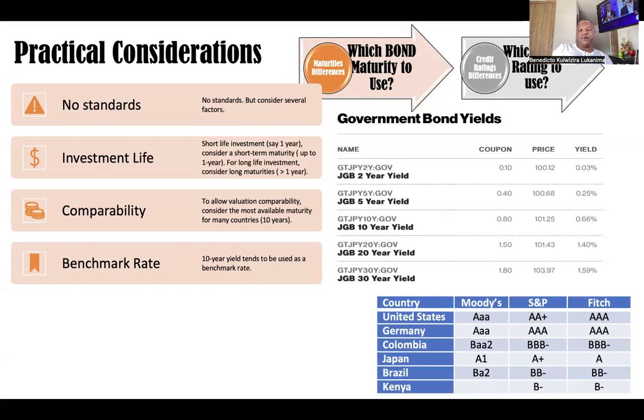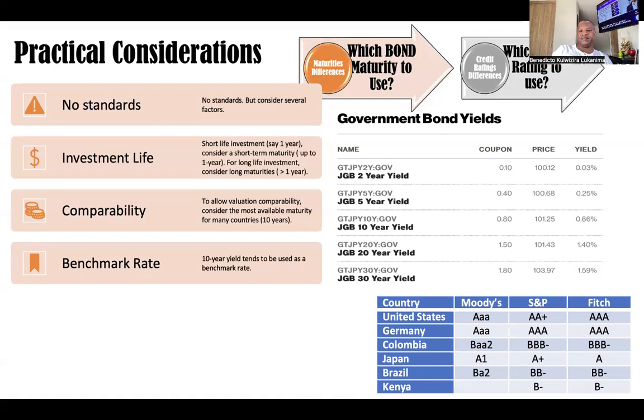And this is an example of credit ratings by Moody's, S&P, and Fitch for different countries: United States, Germany, Colombia, Japan, Brazil, and Kenya. We can see in the United States, Moody's and Fitch are consistent in terms of rating, AAA, but in S&P, AA+.